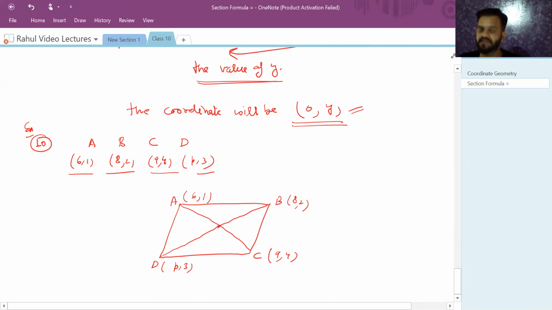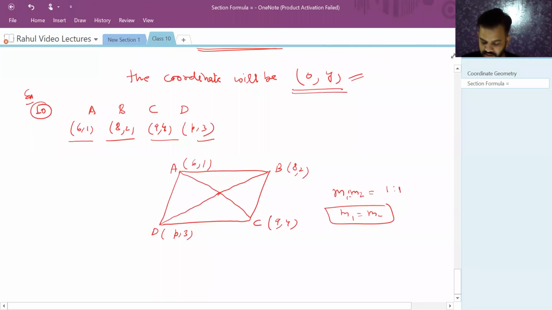Bisect each other means the ratio m1 to m2 will be 1:1, or we can say m1 equal to m2. If m1 equal to m2, then the intersection point will be the midpoint.